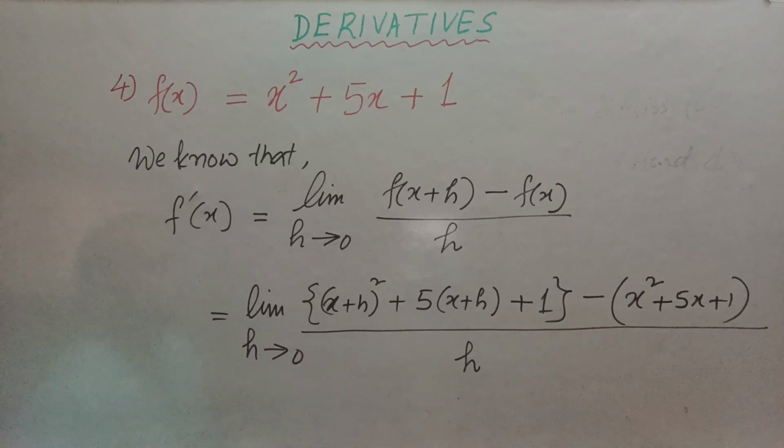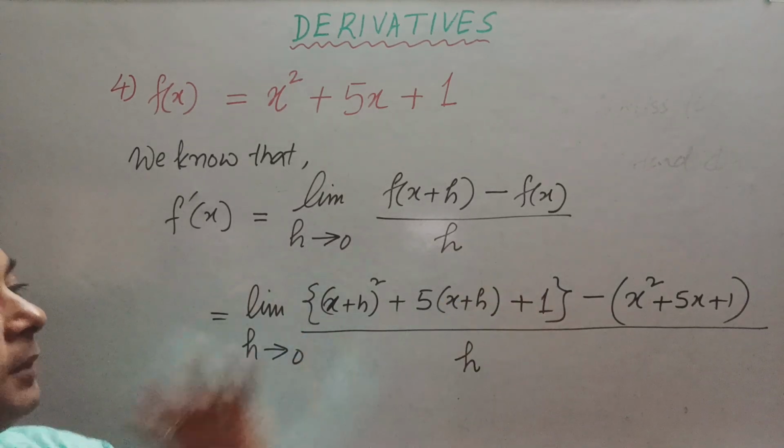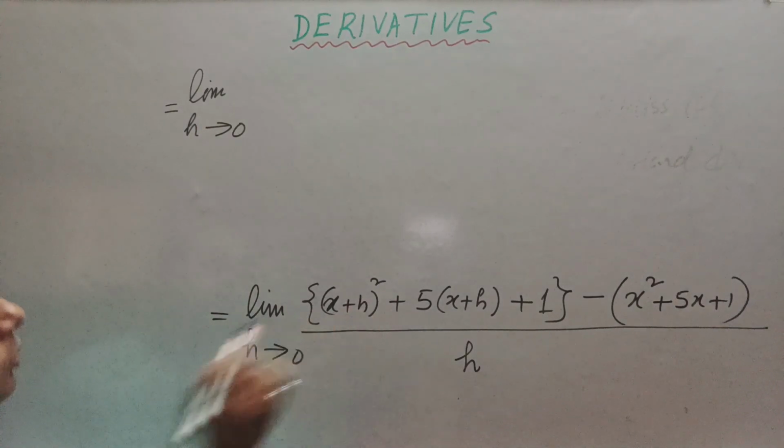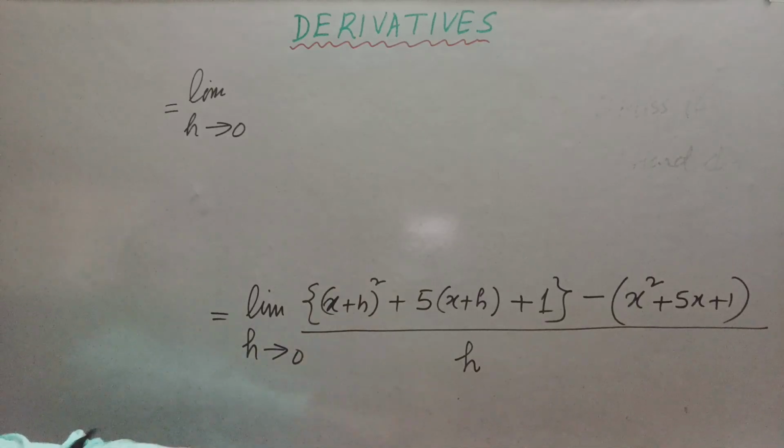After writing this individually, we have to apply the values. I am writing on the top now. This is x plus h whole square, the a plus b whole square formula.